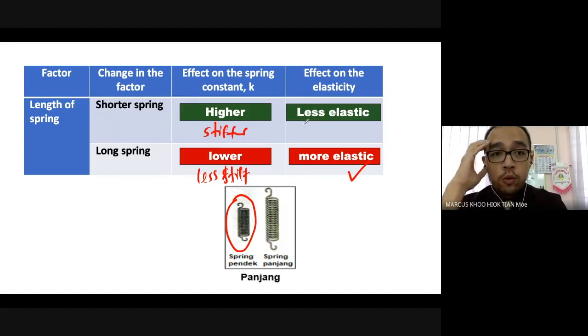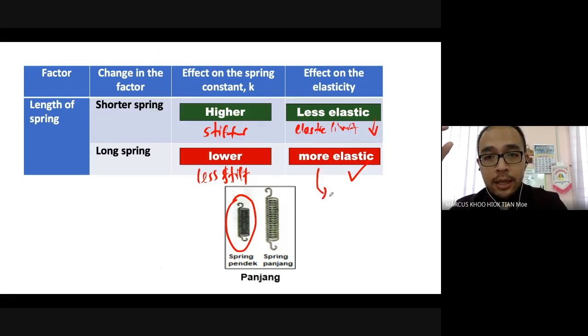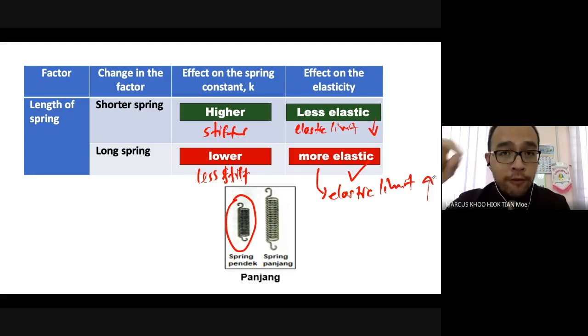Less elastic means the elastic limit is less. Manakala more elastic means dia punya elastic limit lebih tinggi.